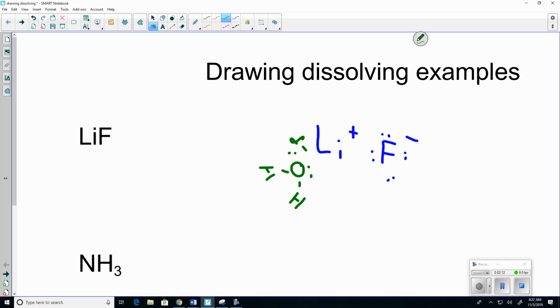Opposite charges attract. The hydrogen end of water should be next to the, I'm sorry, the fluoride ion, because now you have the partial positive attracted to the negative.